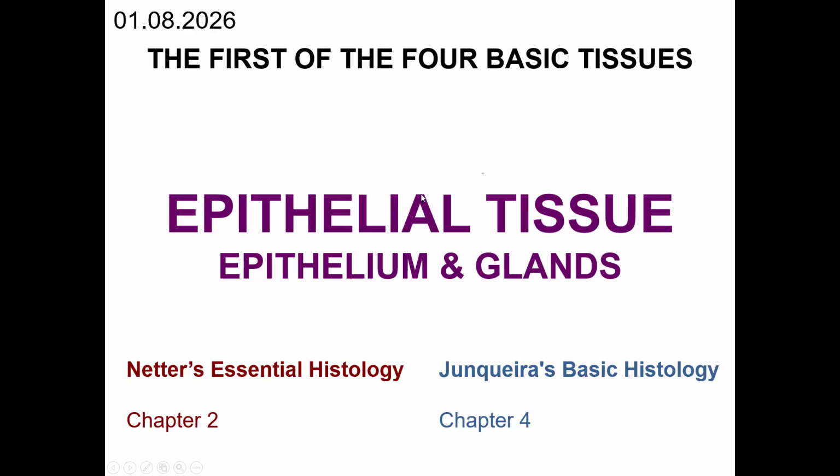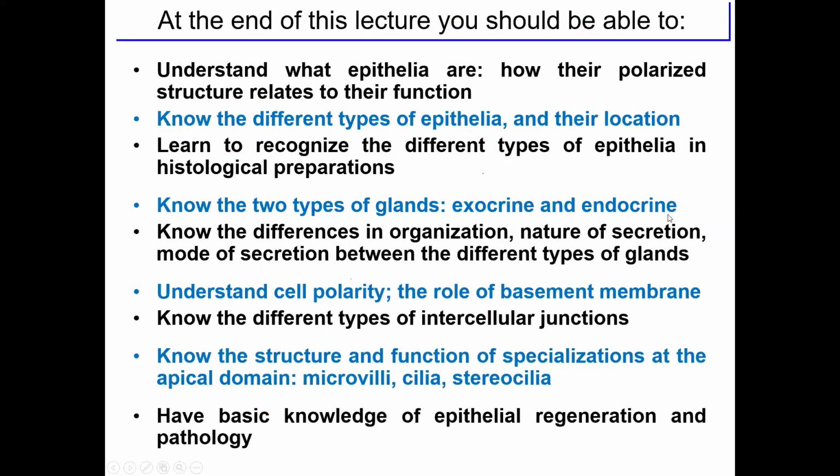So there are these four basic tissues: the epithelial tissue, the connective tissue, muscle tissue, and the nerve tissue. The order in which these tissues are discussed is primarily decided by how histology was taught in the past.